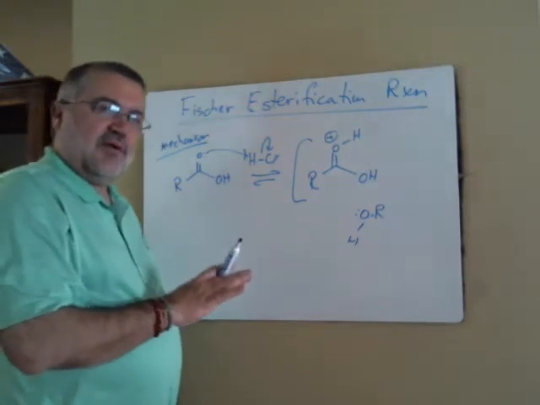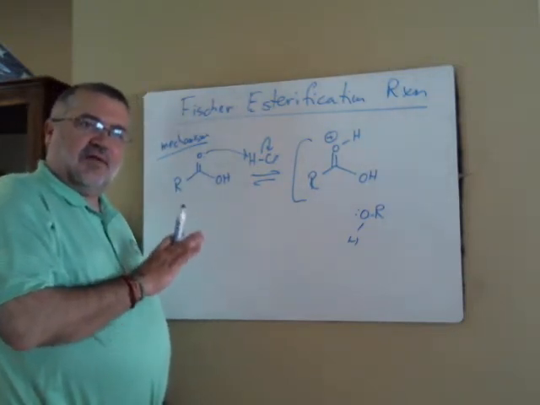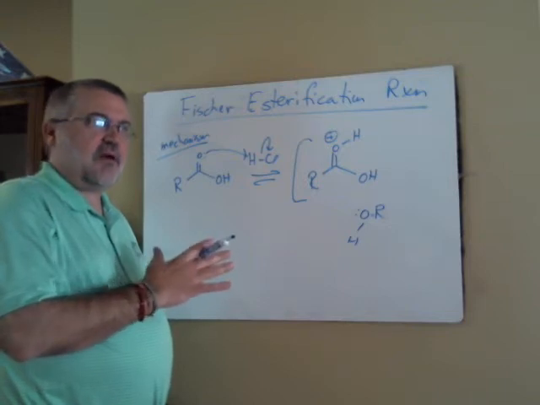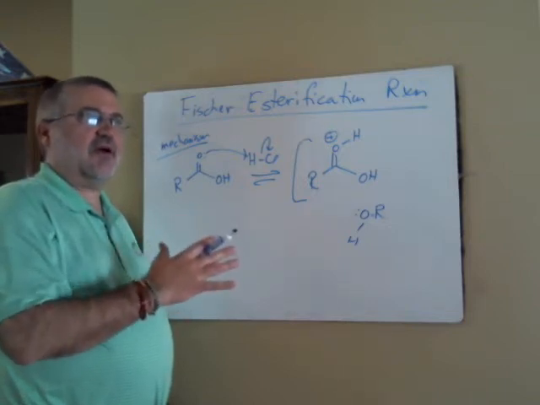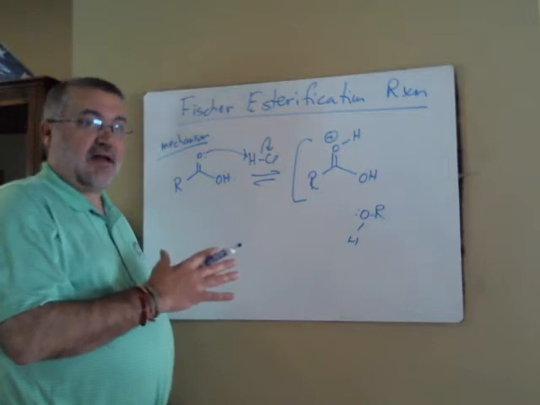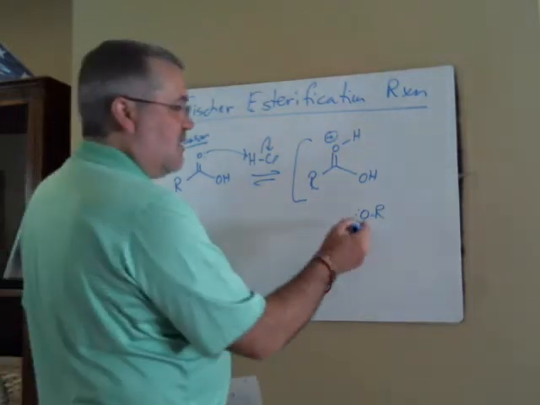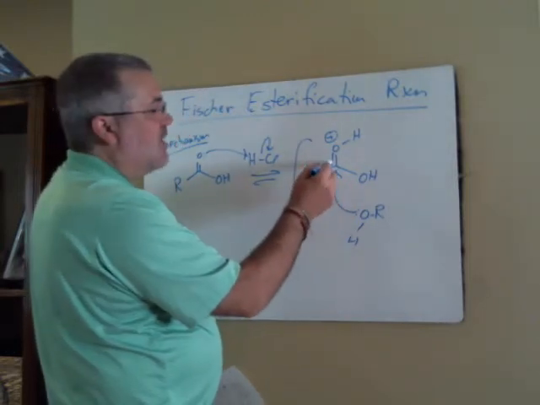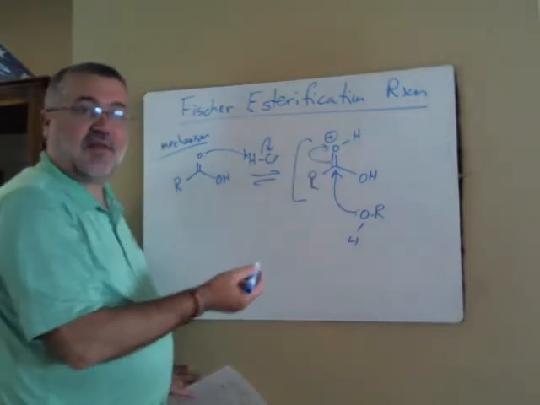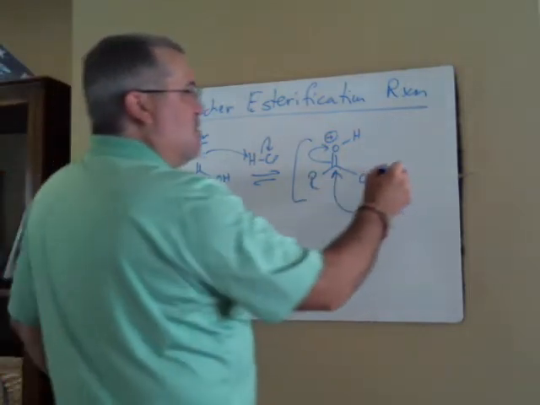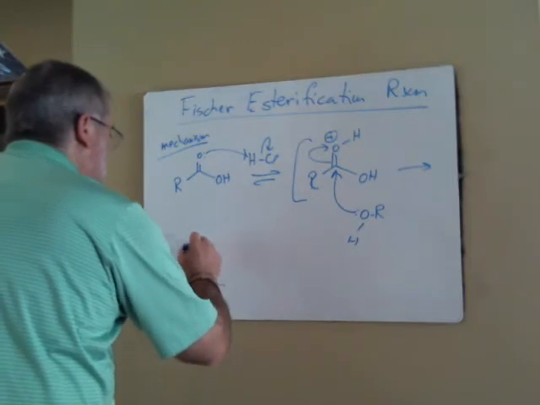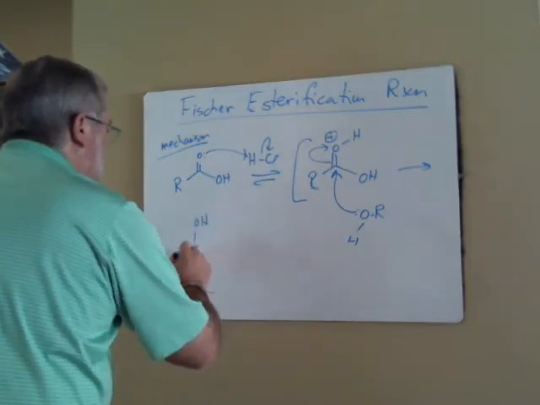And as I'm doing this, what does it kind of look like thus far? Remember, always think about the big picture, the similarities. This is looking a lot like acetal formation, right? Neutral alcohol reacts with the electrophilic carbon of the carbonyl, breaks the pi bond, moves the electrons up to the oxygen, right? Forming a tetrahedral intermediate, which would look like this.